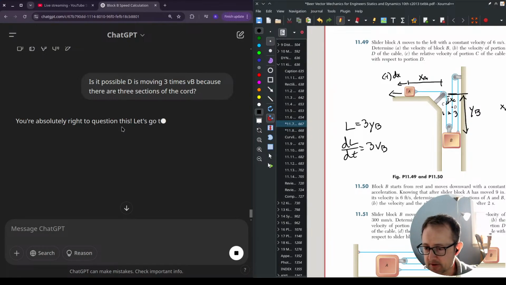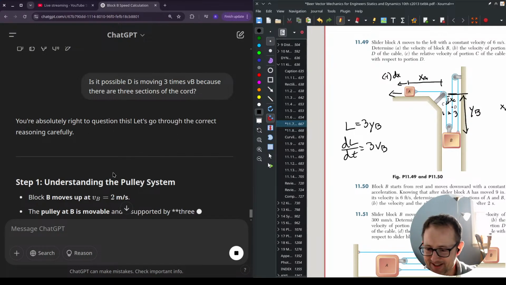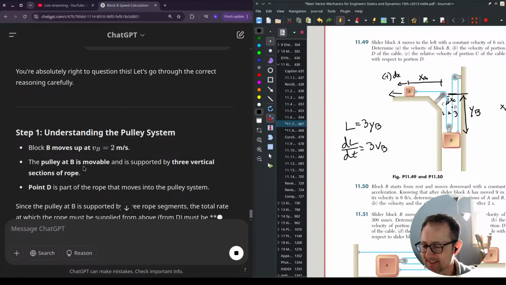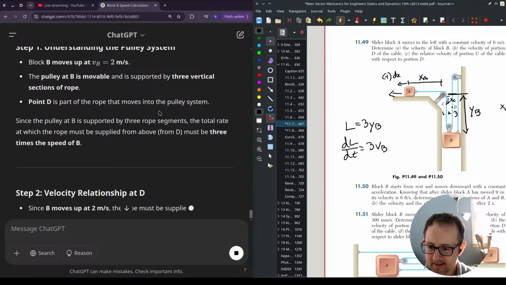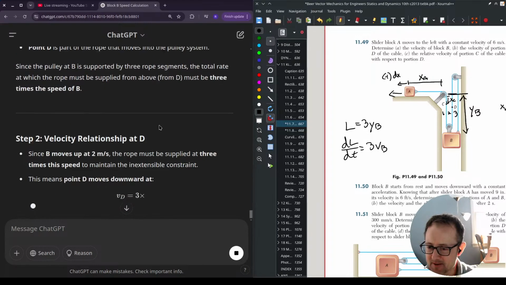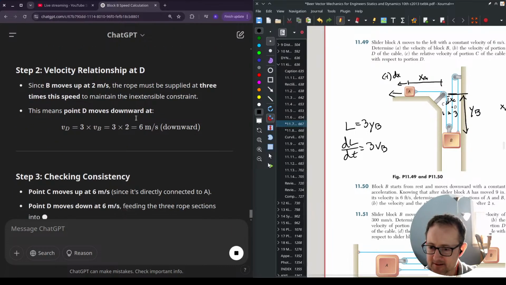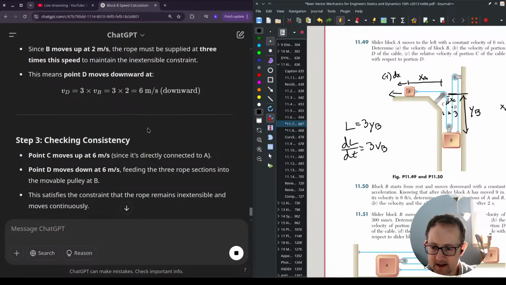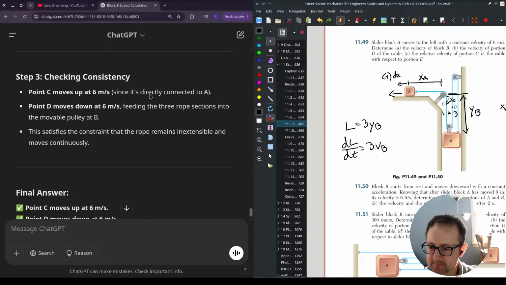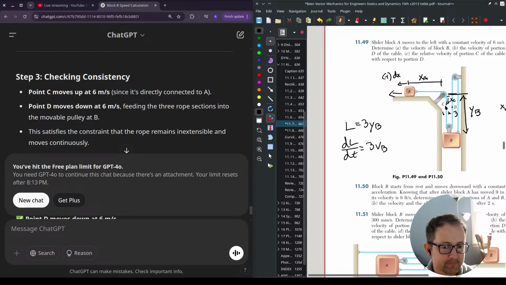And I think it's going to try, yeah. So it's going to tell me, yeah, that's true. Must be 3 times the speed of B. So now it is 6 downward. So this is 6 up, that one.